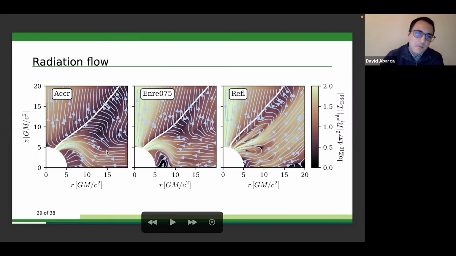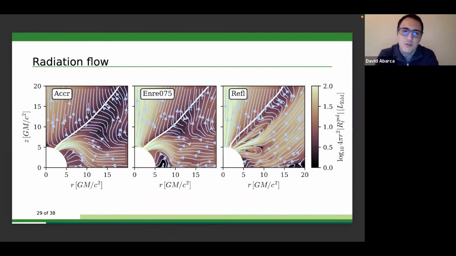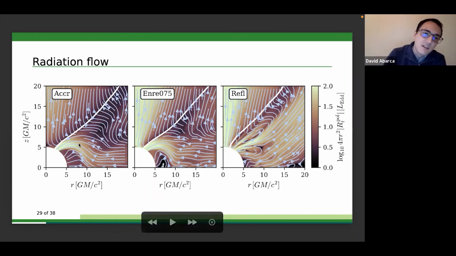In the accreting simulation, you can see that the flux appears much stronger in the column than anywhere else. This is related to what I said about super Eddington accretion, that the gas becomes so optically thick that all of the photons can't escape. They are advected with the flow, deposited on the accreting object, and it's only the photons at the surface which are able to diffuse out and escape.